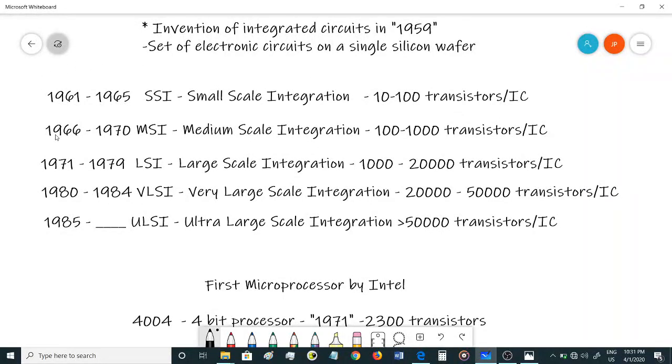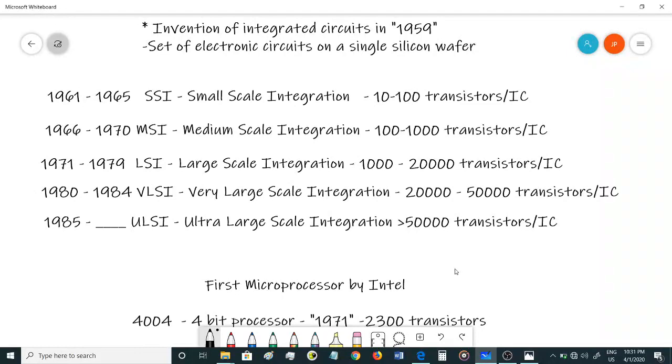Then from 1966 to 1970, we had the medium scale integration, with 100 to 1000 transistors per IC. And then we have the era of 1971 to 1979, which is the large scale integration period, where we had 1000 to 20,000 transistors per IC.